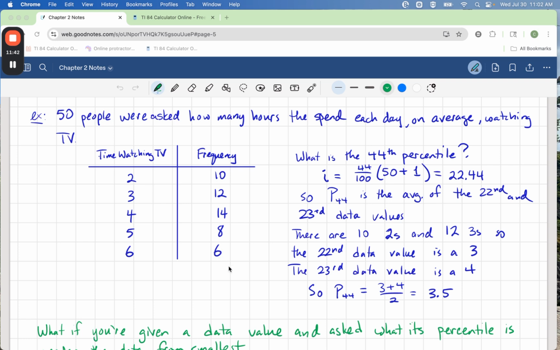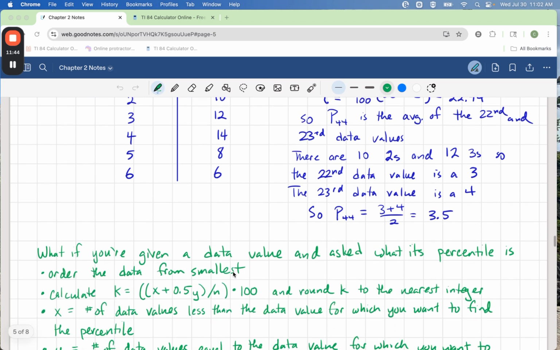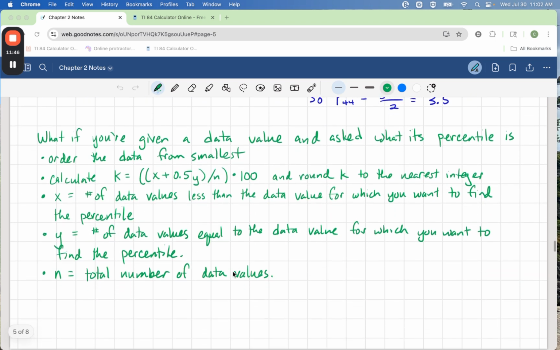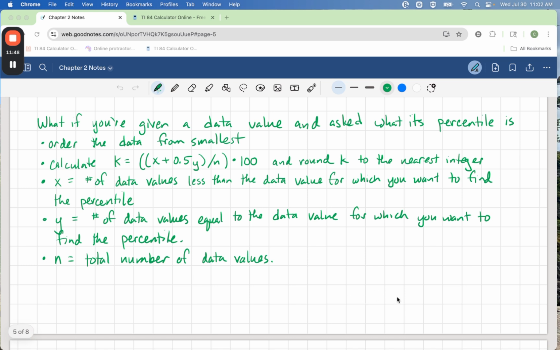All right, well, what if you're given a data value and asked what percentile it is? So first thing we're going to do is order the data from the smallest to the largest. Then we're going to calculate K. K is going to be X plus 0.5 times Y over N times 100. That's a complicated calculation.